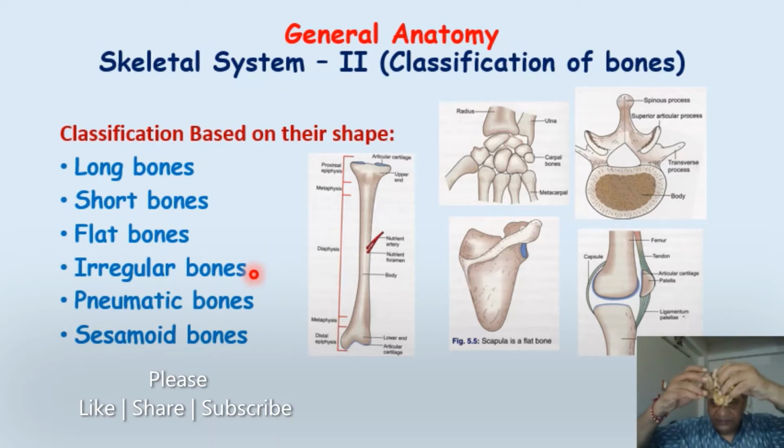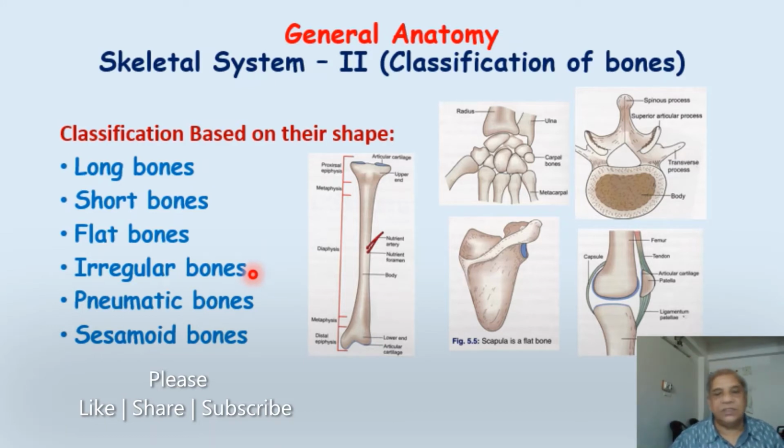I am having a bunch of vertebrae, and these vertebrae are quite irregular in shape. Another example of the irregular bone is this hip bone. You can see that there are so many irregularities in this bone. You cannot define any very specific shape of this bone. So this kind of bone is called irregular bones.